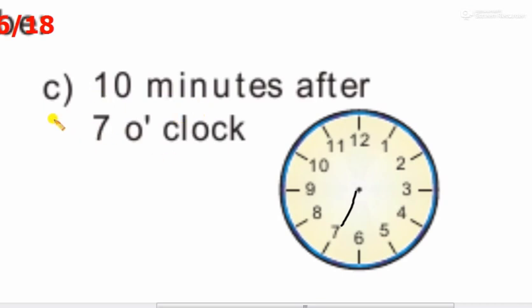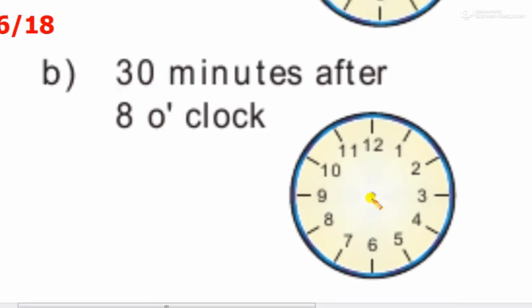So you see the number is 2. It means the minute hand should be pointing towards 2. So I am drawing here. Now you see here, this is the time of 7:10, means 10 minutes past 7 o'clock, or we can say 10 past 7.